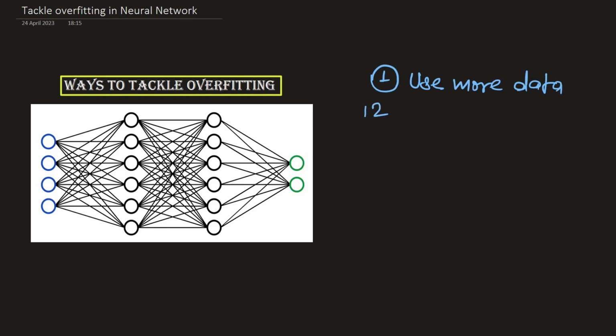The second technique to tackle overfitting will be data augmentation. This is a technique which is widely used when you are working on a computer vision project. Although we have not covered computer vision within this particular deep learning playlist, we will cover that soon in future. But for the time being, I will try to give you a high level overview of data augmentation.